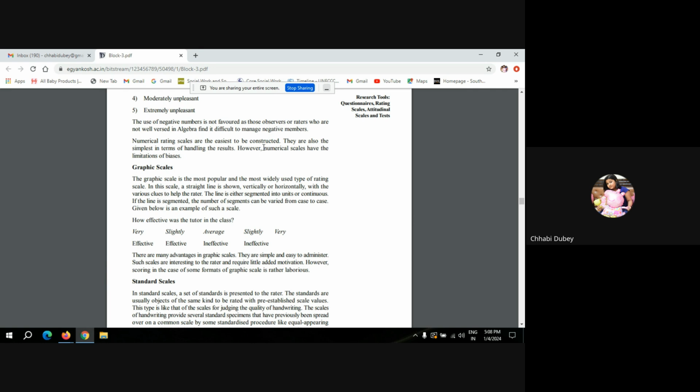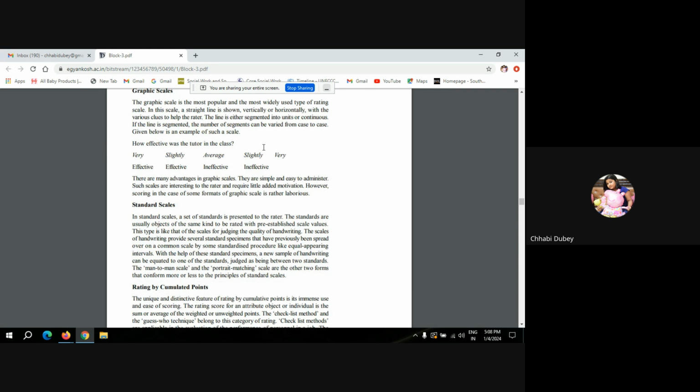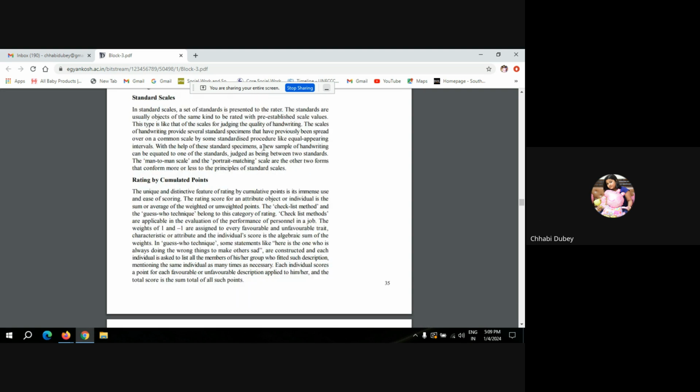Then we come to the standard scales. In standard scales, a set of standards is presented to the rater. They are usually objects of the same kind to be rated with pre-established scale values, like the scales for judging the quality of handwriting. So this is a standard scale. Then there is the rating by accumulated points.